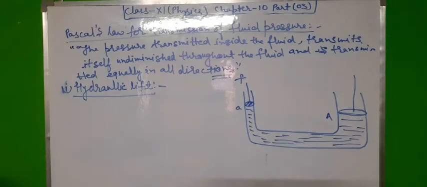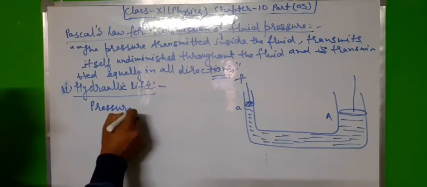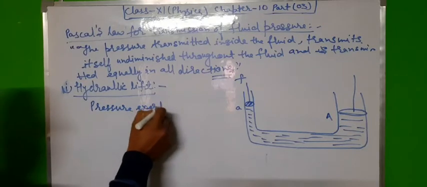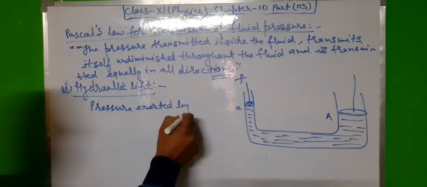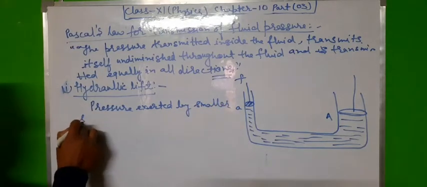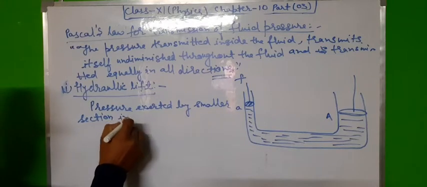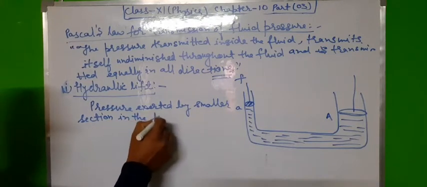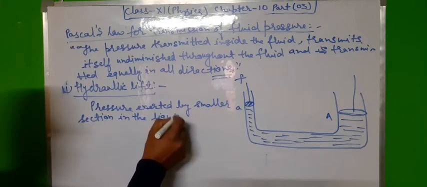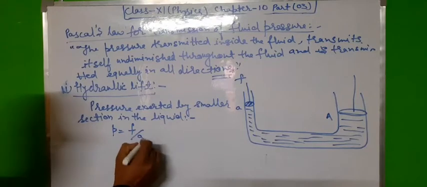The pressure exerted by the smaller section on the liquid is given by P equal to f upon a.